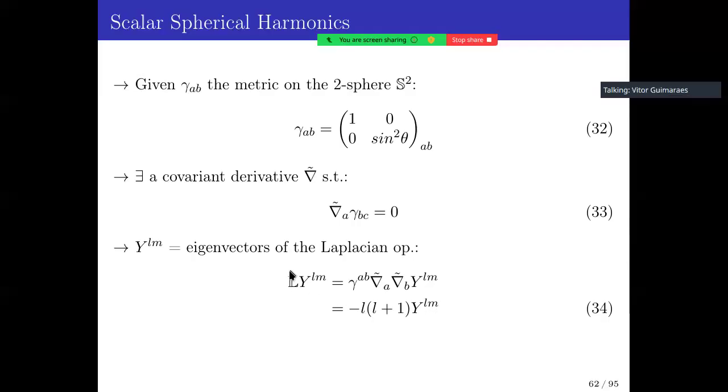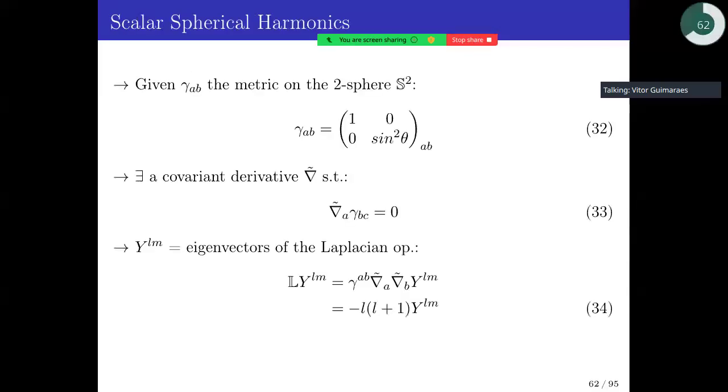And this identifies the scalar spherical harmonics as the eigenvectors of the Laplacian operator. Okay. I'm not going to prove this to you guys. If you need to recall this, feel free to do so, but unfortunately we don't have time to do a review on that here.